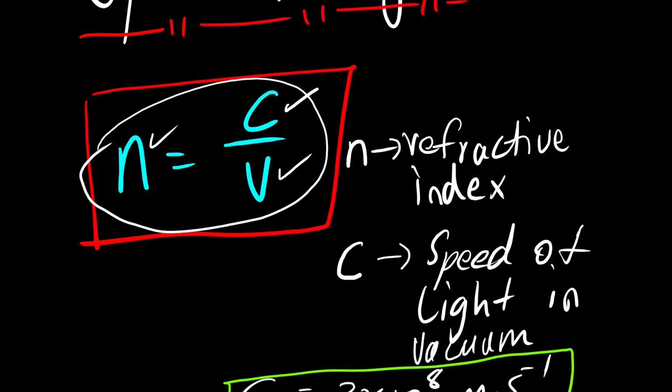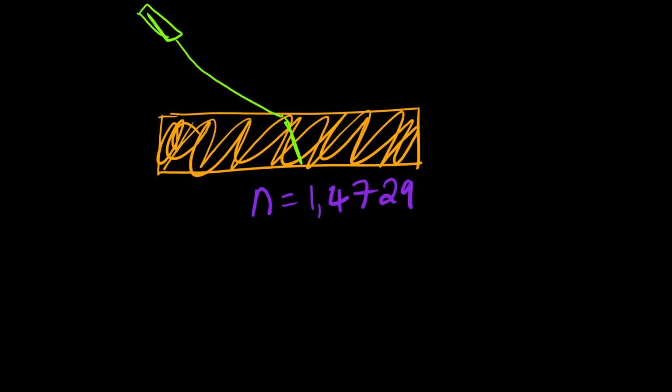Let us look at how we use this equation. Our first question: let's say we are given this scenario whereby we have a substance. Its refractive index is 1.4729. Calculate the speed of light inside this substance.